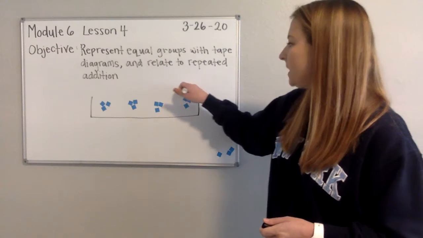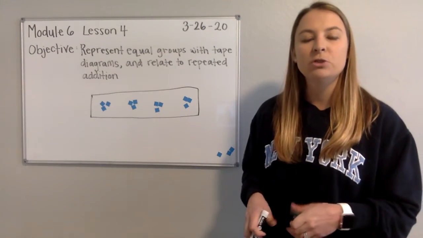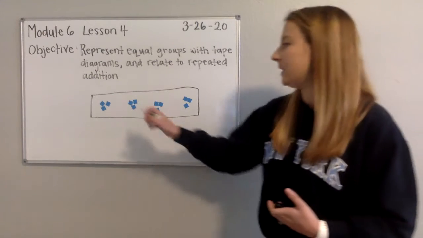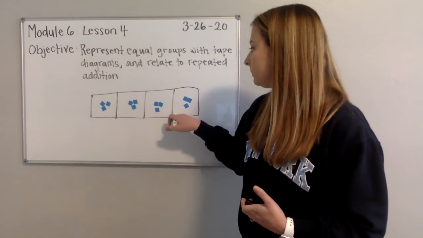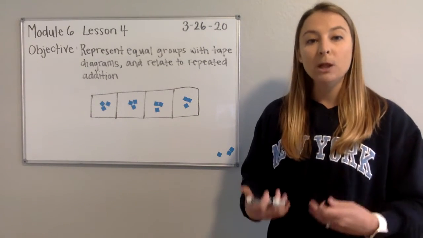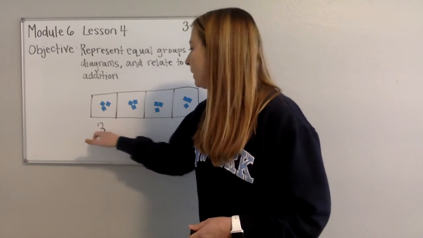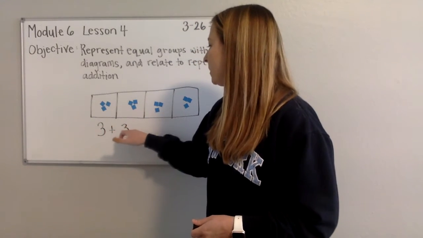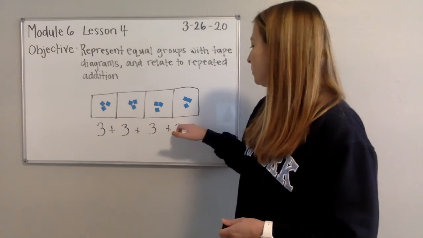When I draw a tape diagram, it's a big rectangle, and then I'm going to split it into the different pieces or groups that I have. Now that I have my tape diagram, I'm going to drop below it and include my repeated addition sentence. 3 plus 3 plus 3 plus 3.